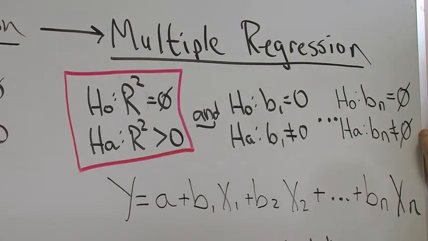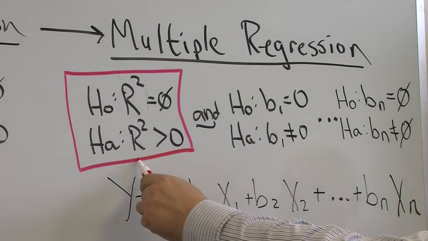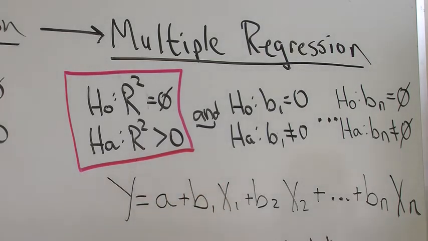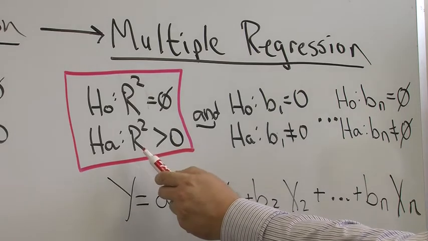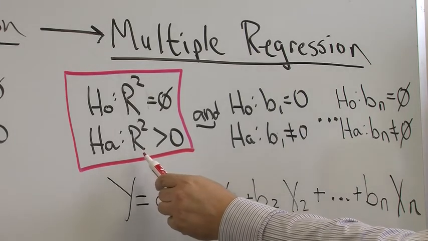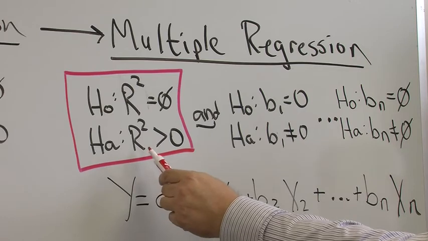But in addition to asking the question about the whole regression model, we must also test hypotheses for the predicted slope of each of our independent variables. That's why I have here my null and alternative hypothesis for the entire regression model.